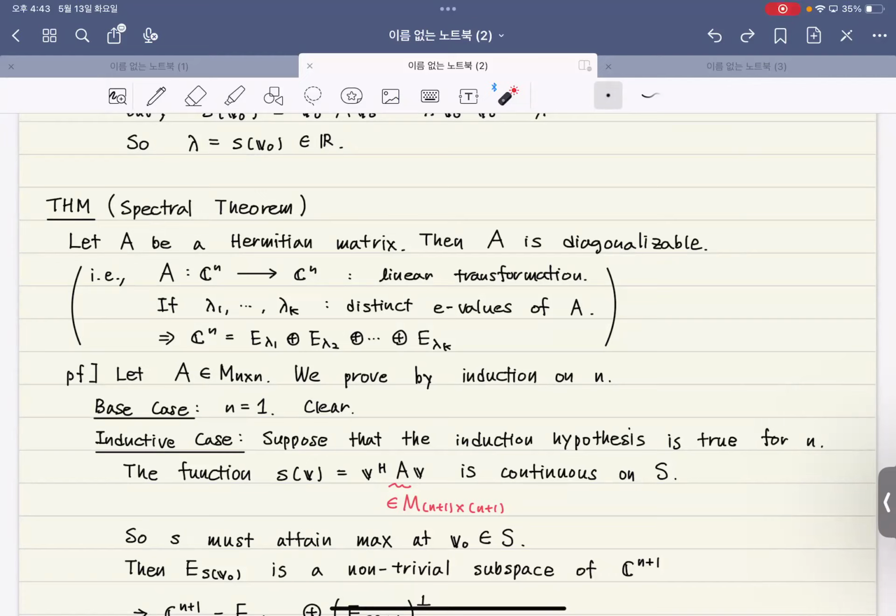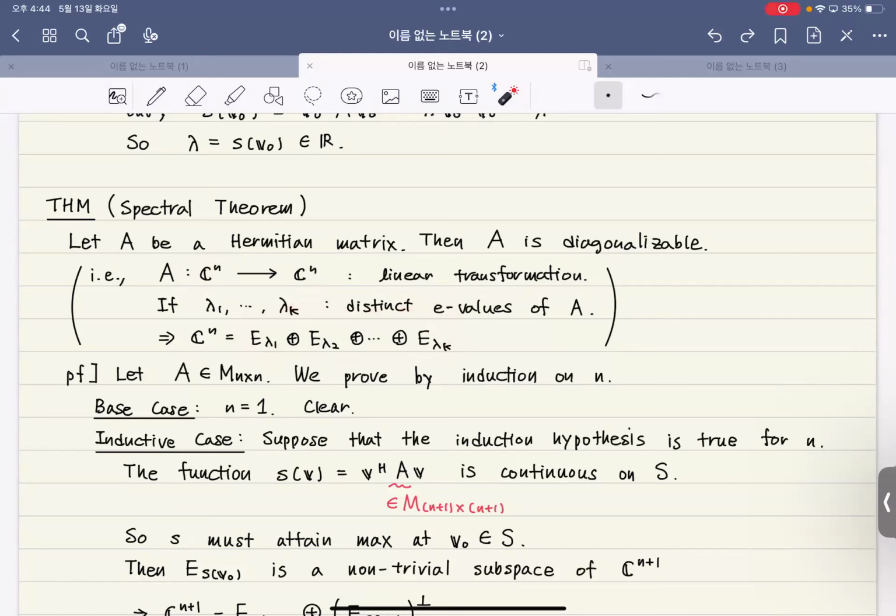Okay, so let me try to prove that. By the way, A having a diagonalization is equivalent to, considering A as a linear transformation from Cn to Cn, the space Cn having a very nice direct sum decomposition consisting of the eigenspaces.